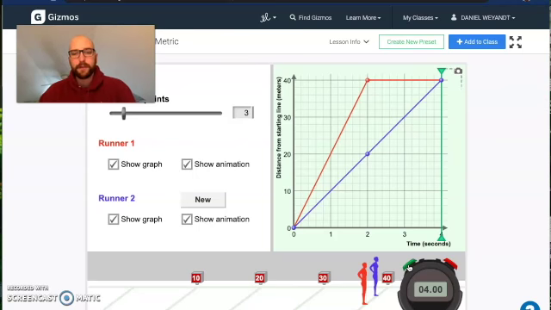They did it in less time to go the same distance. So what we see is if you go the same distance in less time, that's going to increase the speed. If I go less distance in the same amount of time, I'm going to be moving slower. And if on a distance time graph we don't see a change, that means that time's going by, but they're not moving.